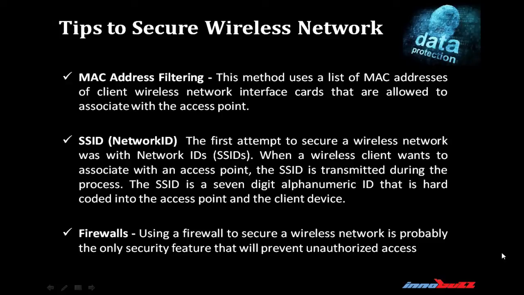When a wireless client wants to associate with an access point, the SSID is transmitted during the process. The SSID is a 7-digit alphanumeric ID that is hard-coded into the access point and the client device. And the last is the firewall. Using a firewall to secure a wireless network is probably the only security feature that will prevent unauthorized access.